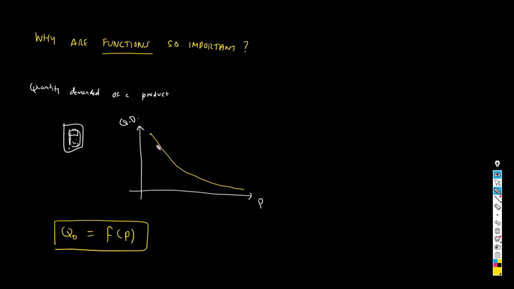In what exact way, we may know, we may not know, but we know that it is a function. You see, for a specific price of a certain product, we may get a certain quantity demanded. For another price of the product, you will get another quantity demanded, and so on. So that's how this works.